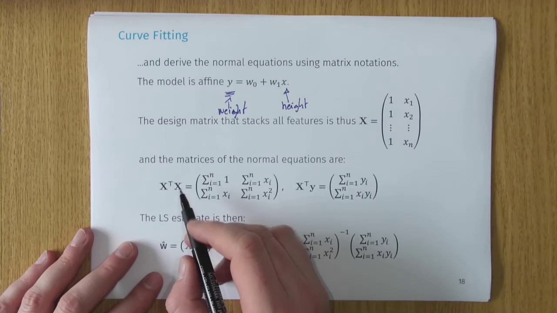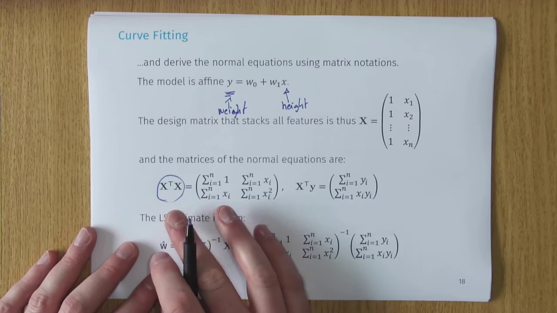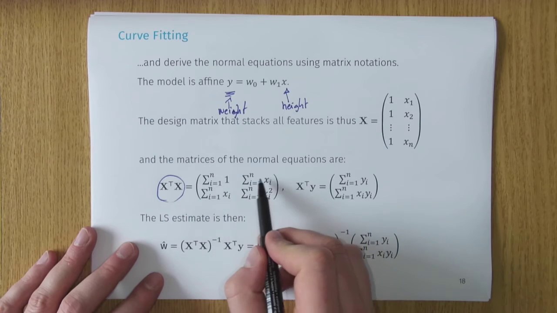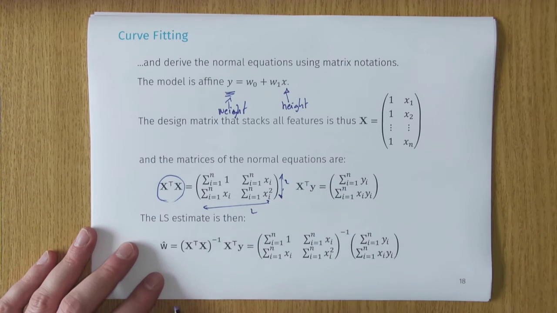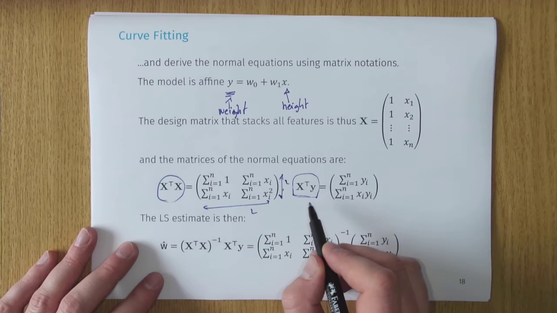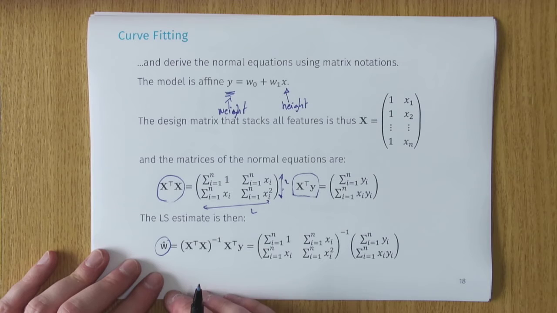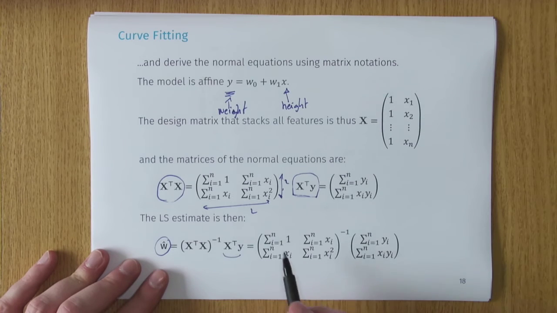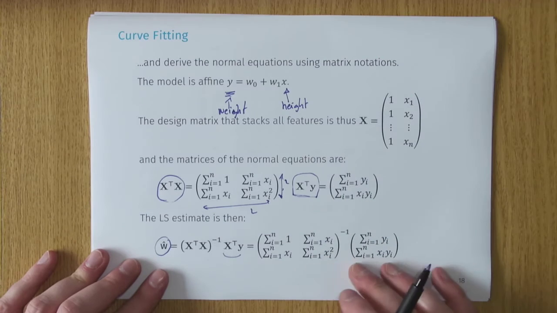Then we compute x transpose x, which is the matrix you need to invert, and that gives you a 2 by 2 matrix. And then you have x transpose y, which is the other element we need. And then you solve the least square estimate by inverting this matrix and multiplying by this other vector. And this is the fully developed version of that.